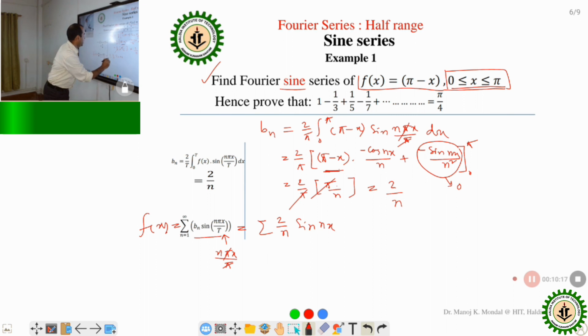So this is the summation with n equal to 1 to infinity. So this will be the required half range Fourier sine series.